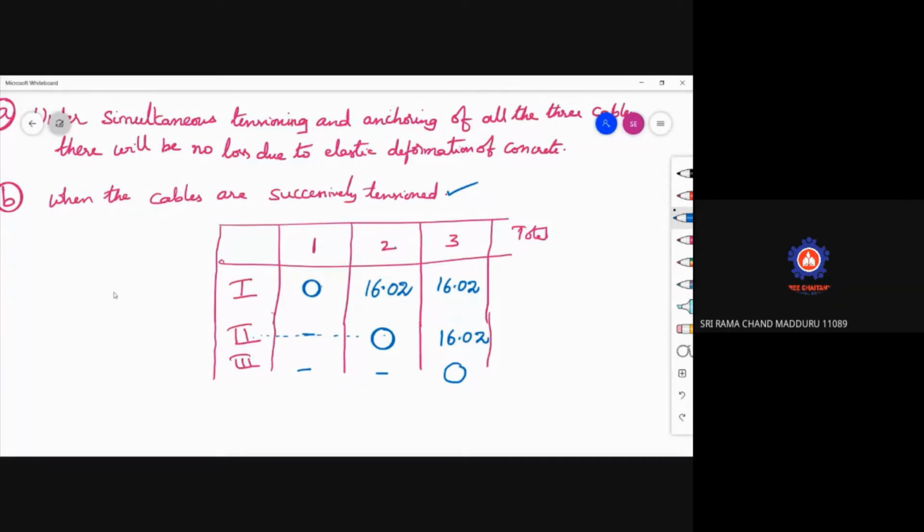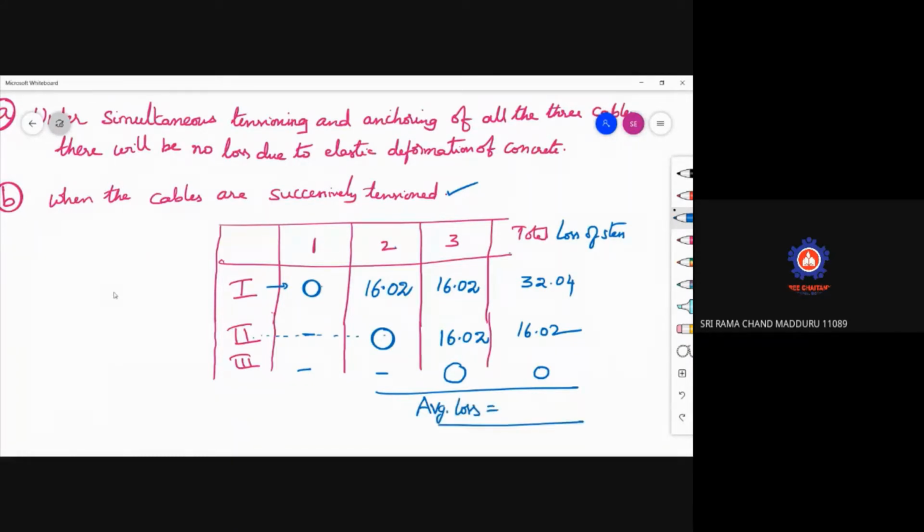Now in the first wire, what is the total loss of stress? So the total loss of stress in each wire, first cable, if you write down all this: 0 plus 16.02 plus 16.02, so this is 32.04, this is 16.02, this is 0. So now I will write down this as average loss.